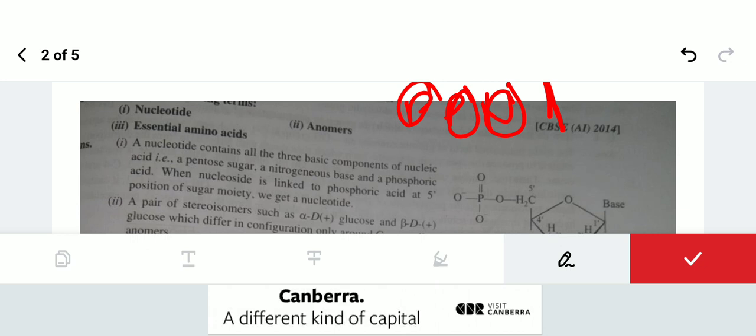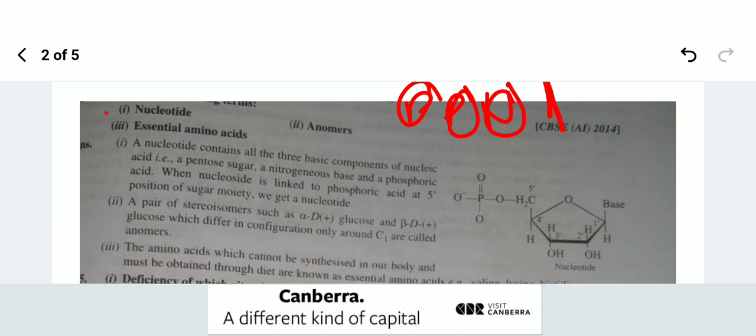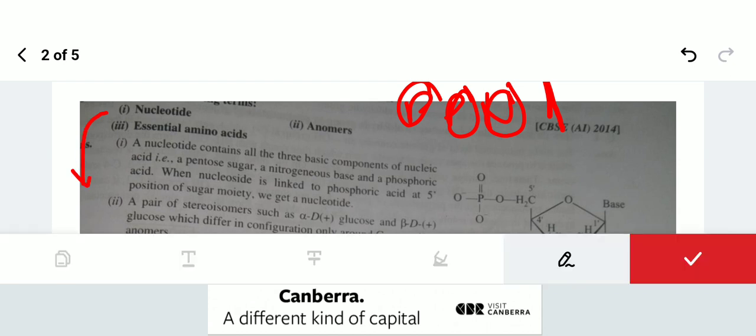Now when a nucleoside is linked to phosphoric acid at the 5' position of the sugar moiety, we get a nucleotide. Once again I'll repeat it. What are the important things you need to remember here?